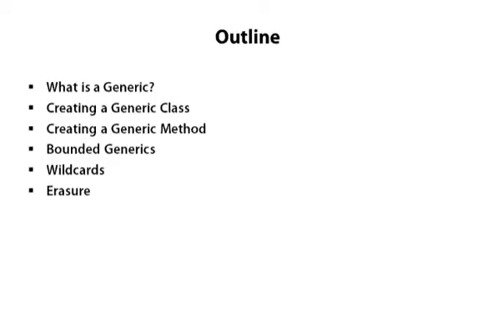Finally, we'll talk about how generics are actually implemented in Java, and this is a really important concept to understand because in Java, generics are implemented using erasure, and we'll talk about what exactly erasure means and why that is important to you as a Java developer.